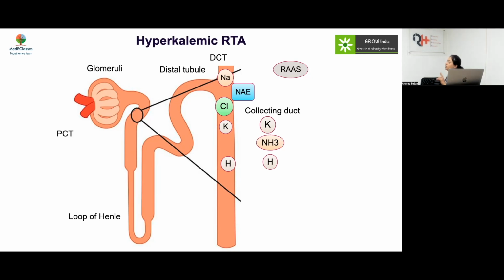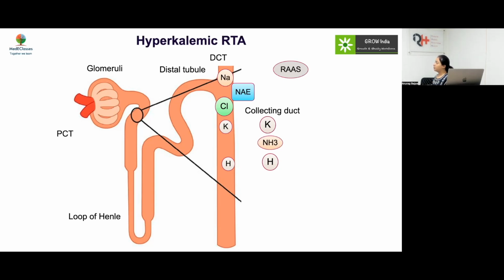And as we all know, potassium and proton have antagonistic function. When the body is faced with losing both of these, it will prefer losing potassium over proton, as hyperkalemia has more acute lethal effects in comparison to metabolic acidosis. So although type 4 RTA has hyperkalemia, it will not be very severe because it will ultimately be lost.